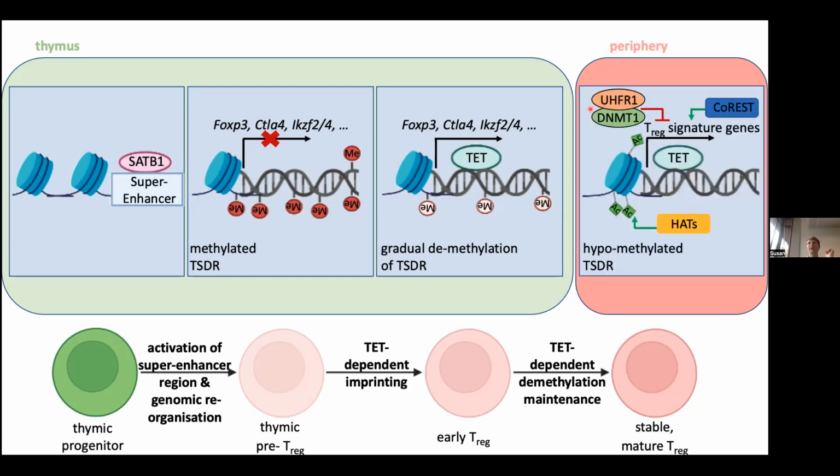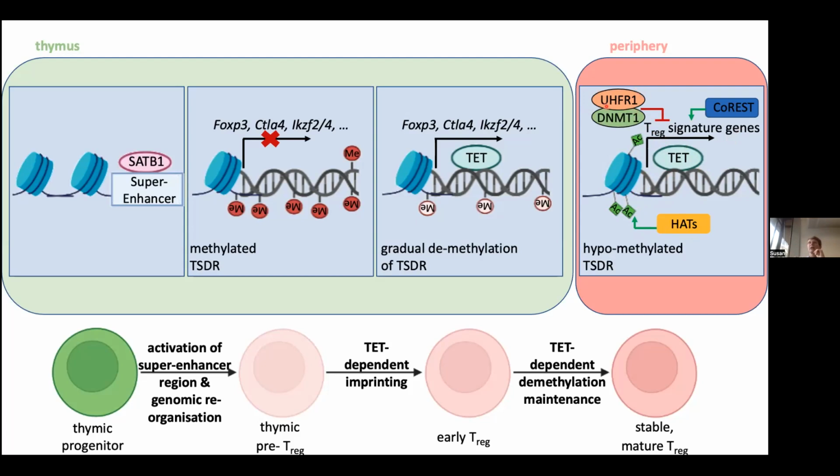And there's a number of factors actually doing that. The TET enzymes certainly are very important here, but also histone acetyltransferases. They acetylate different lysine residues and thereby increase accessibility of the loci and gene expression of Treg signature genes.